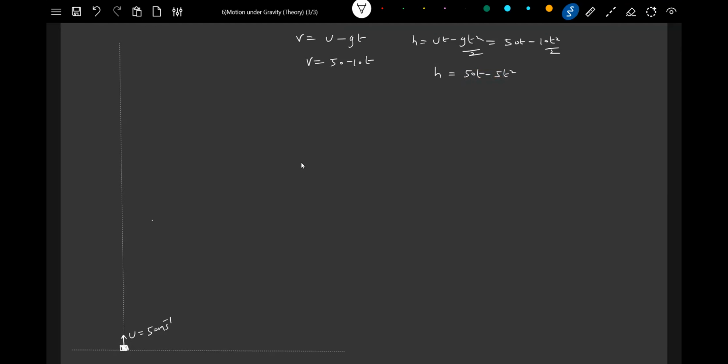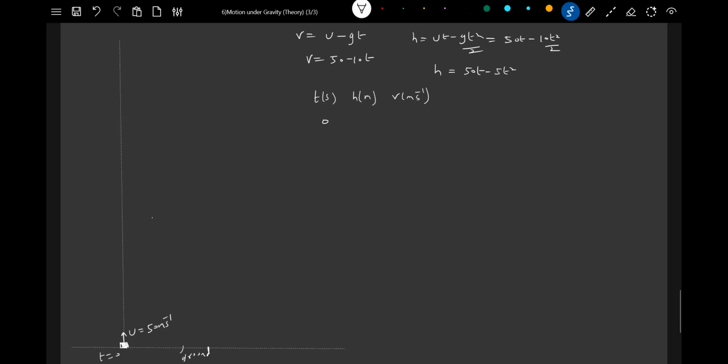So again, from the tabular column, t, h, and the velocity v in meters per second. T equals 0: I projected it at t equals 0, so it was there on the ground, and it was projected with initial velocity 50 meters per second. At t equal to 1 second, it will be at a height of 45 meters.